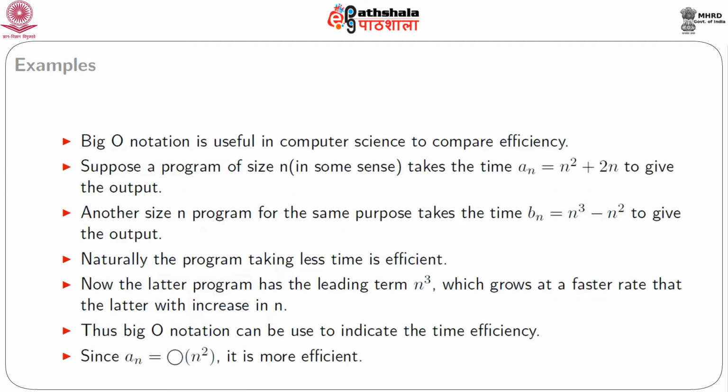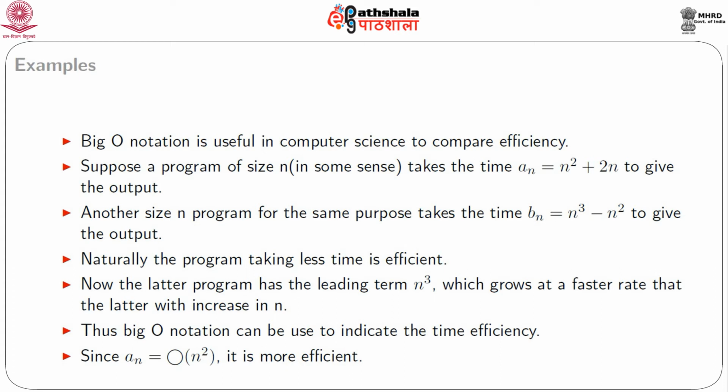Let us consider our next example. Actually, big O notation is useful in computer science to compare efficiency. Suppose we have a program of size n, where the size is defined in some related sense of computer programming, and the program of size n takes the time a_n, which equals n square plus 2n, to give the output.